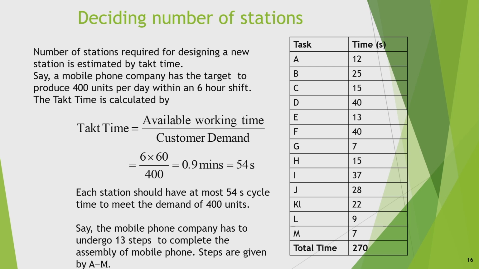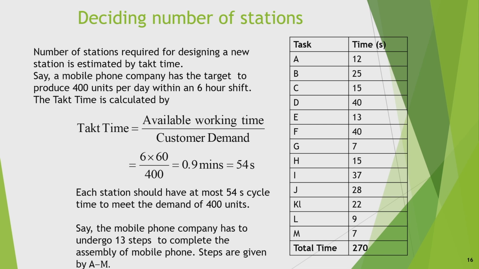Now, I am giving a simple example of deciding the number of workstations. The number of stations required for designing a new line is estimated by takt time. Say a mobile phone company has the target to produce 400 units per day within a 6-hour shift.